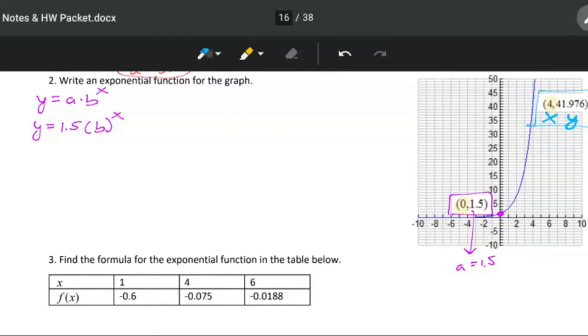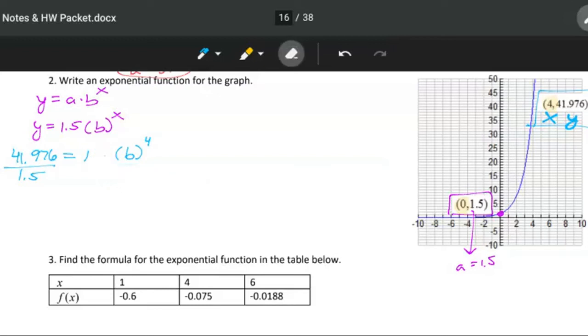All right, so our y is going to be 41.976 equals 1.5 times b to the x is 4. And we just have to get b by itself. So we can then divide both sides by 1.5. I would probably refrain from putting that in your calculator until the very end.